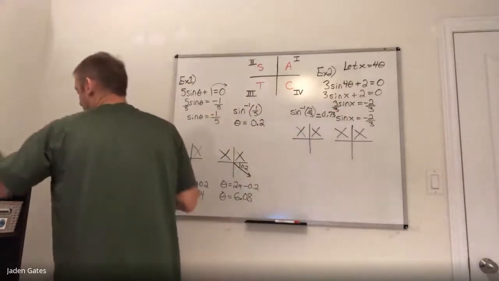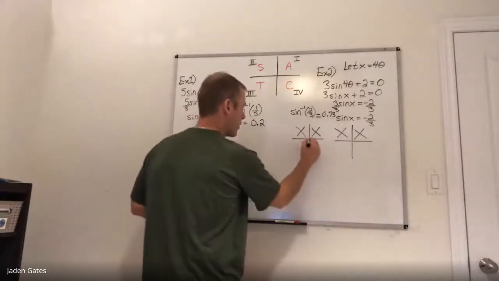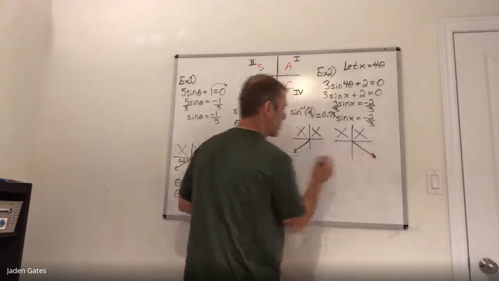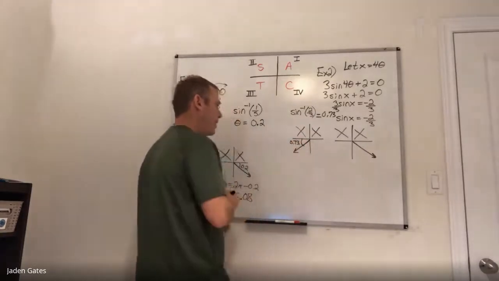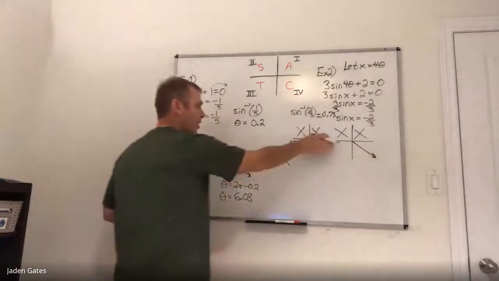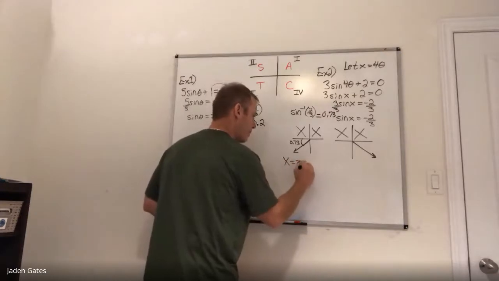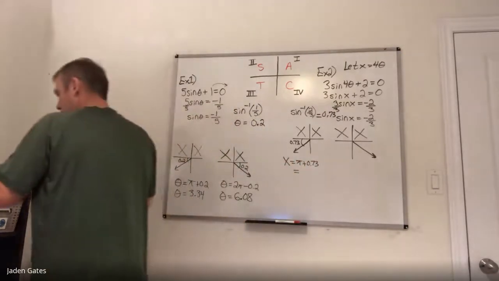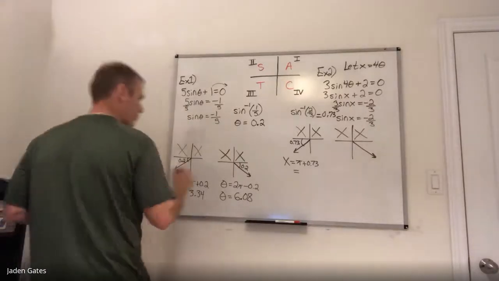All right. And so now I look at what x would equal. So I know it's got to be down here. And down here is my terminal arms where I have 0.73. And so in this case, just like before, x is going to be 180 degrees plus the 0.73. So I get pi plus 0.73, which is going to equal, let's see here, I get 3.87.